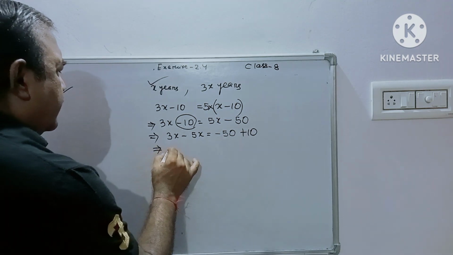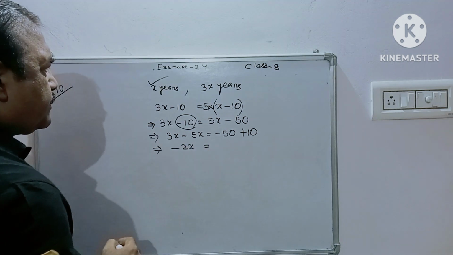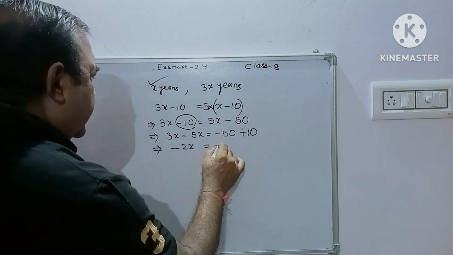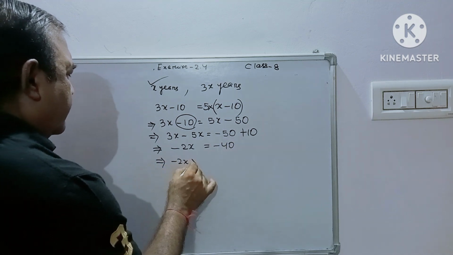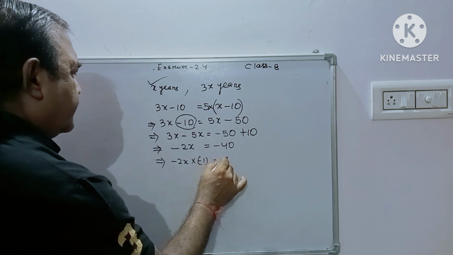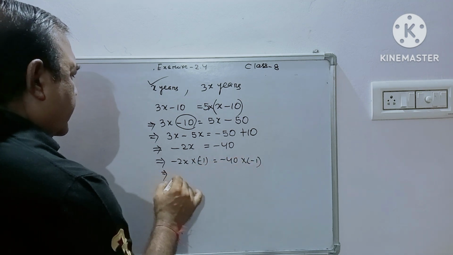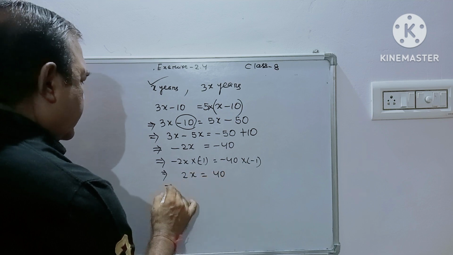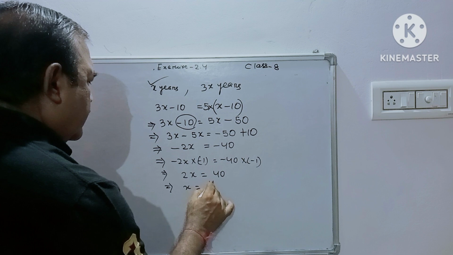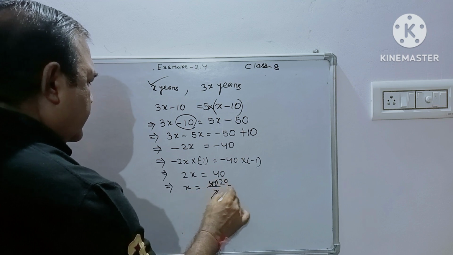That implies minus 2x is equal to minus 40. That implies you multiply minus 1 on both sides. That implies 2x is equal to 40. That implies x is equal to 40 upon 2. 1 2s are 2, 2 20s are 40. That is equal to 20.